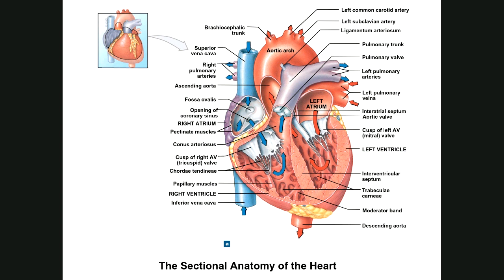The ventricles: right ventricle, left ventricle. You have differences in the form of the ventricle. If you see here, the right ventricle is a form of a V, and this one is more like a rounded form. Also, the wall is very thick in the left ventricle and thin in the right ventricle.